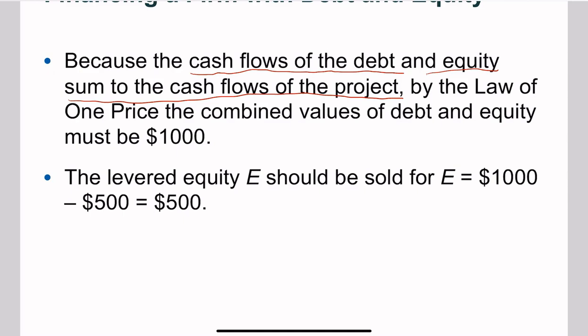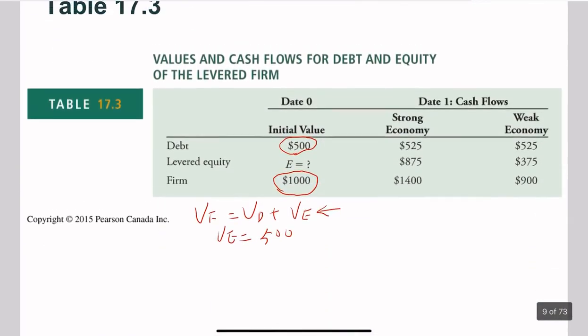So if you have the exact cash flows, then you will have the exact value, right? Essentially, this is the result of the law of one price. So this tells us the levered equity will have a value of $500.